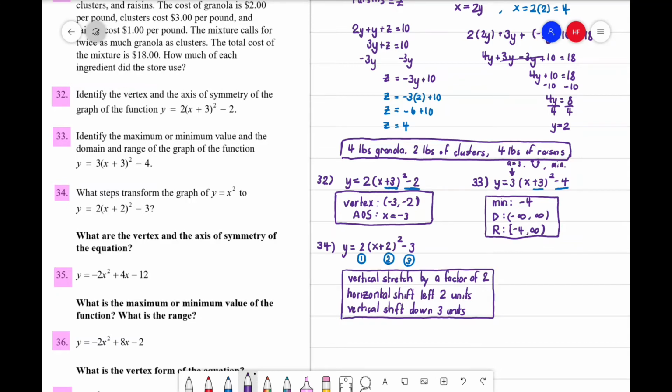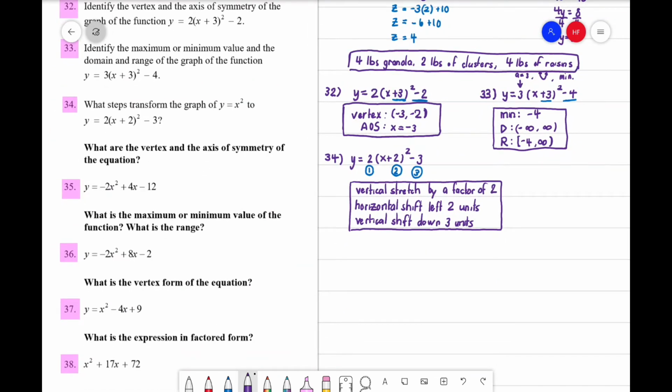Then on number 35, what are the vertex and the axis of symmetry for the equation? Let me write it. y equals -2x squared plus 4x minus 12. We're looking for the vertex and the axis of symmetry. When we are not in vertex form, we take from our a and b values.